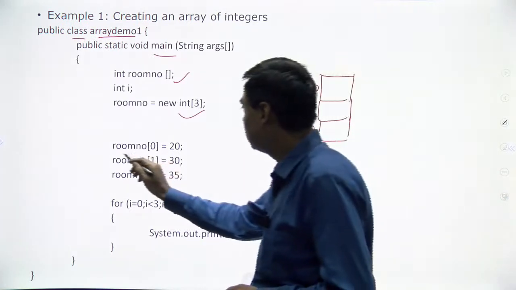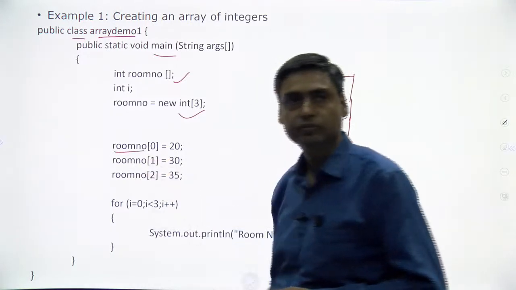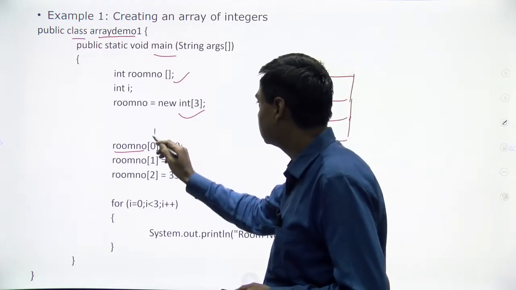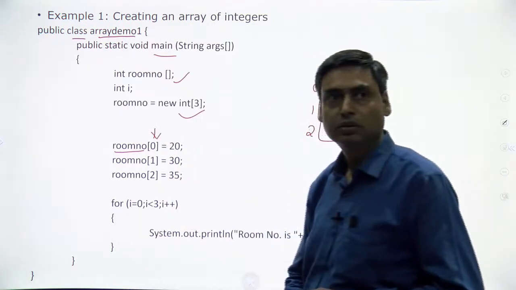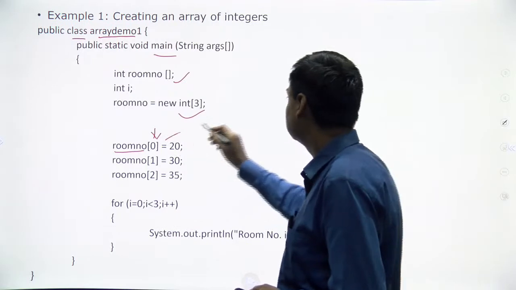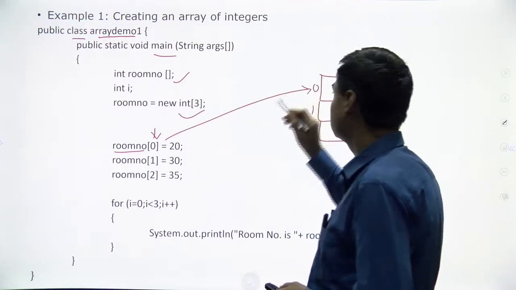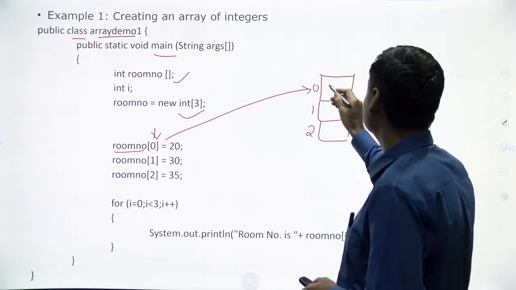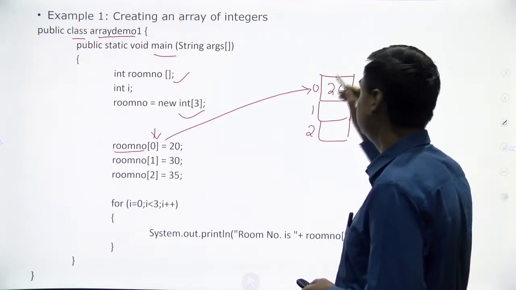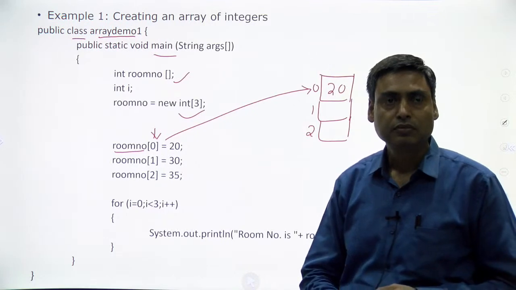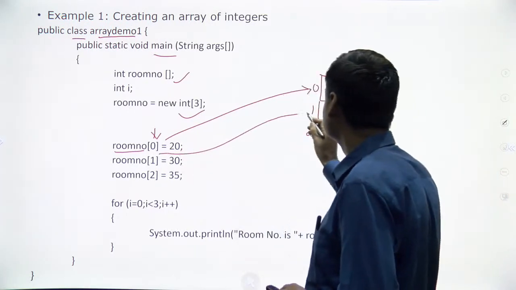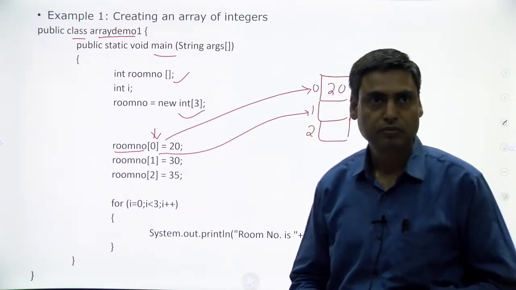First you write the array name, then within the brackets you write the index number. 0 means you are accessing the first location and assigning the value, that is, we are assigning 20 here. Index number 1 means we are accessing the second location.